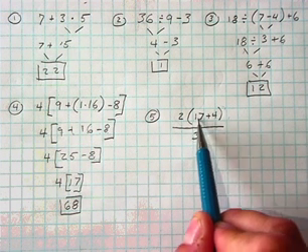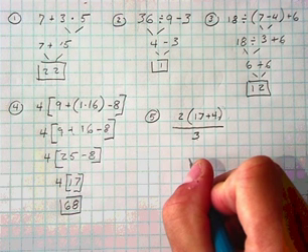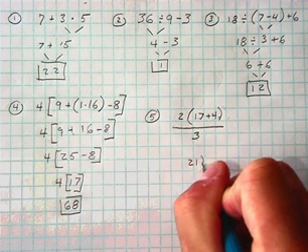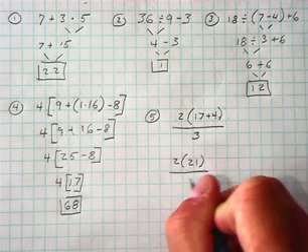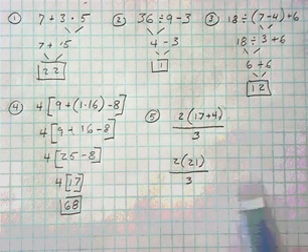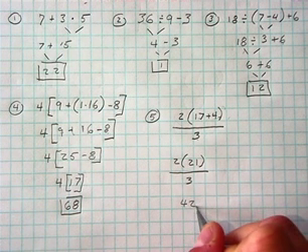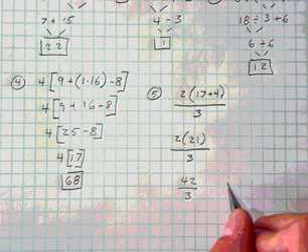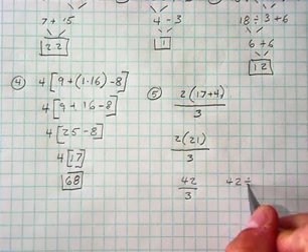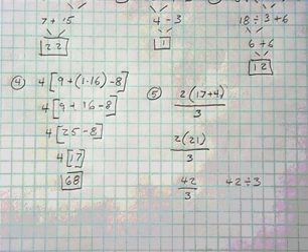Order of operations, I'm going to do whatever's inside the parentheses first. 17 plus 4 gives me 21. Then I'm going to do 2 times 21, which is 42. So now it's 42 divided by 3. You could also write it like 42 over 3 if you wanted to do it that way.